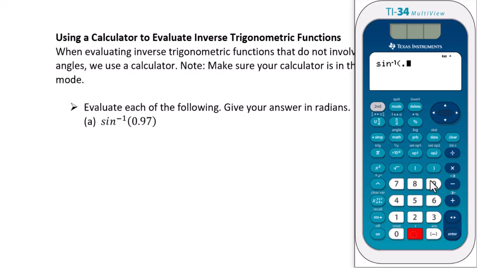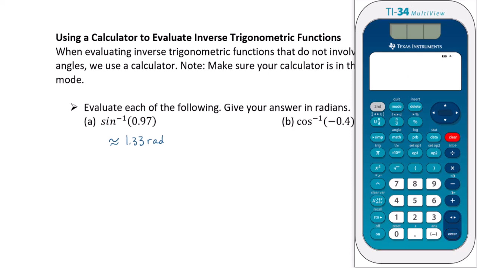So I'm going to put in 0.97 and I get approximately 1.33 radians. You can choose to write radians, or if you don't write anything at all, the default is that we will understand that's radians.